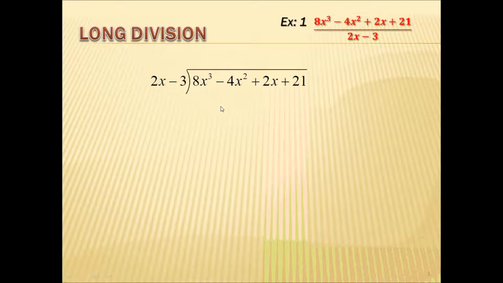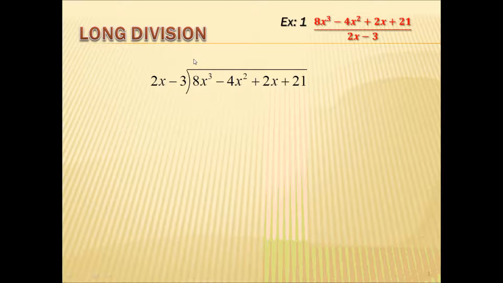The procedure that we're going to follow is to eliminate the first term of this binomial here. That first term is 8x cubed. Now we have to find an answer up here, which when multiplied by the divisor will give us 8x cubed.